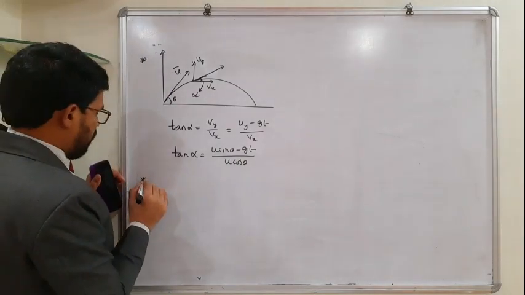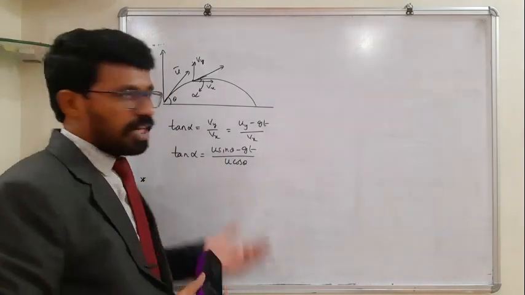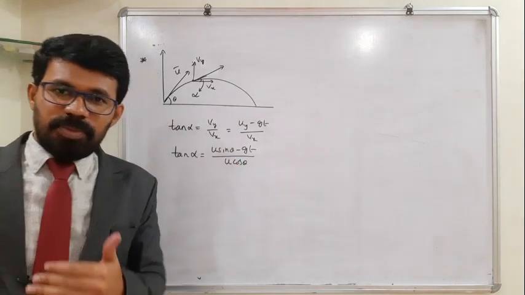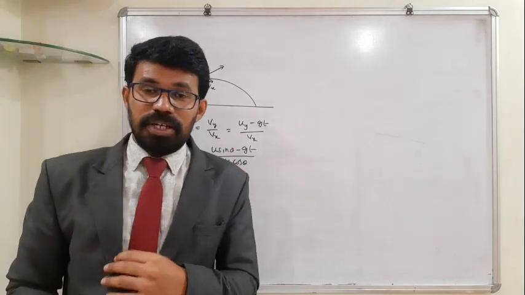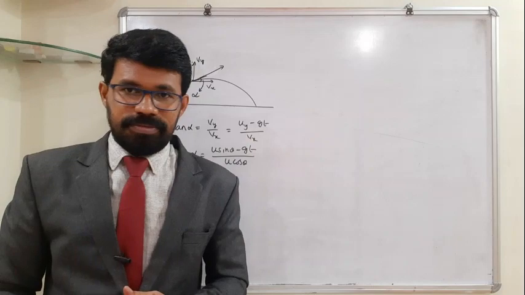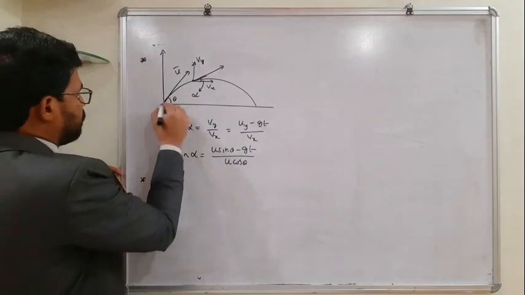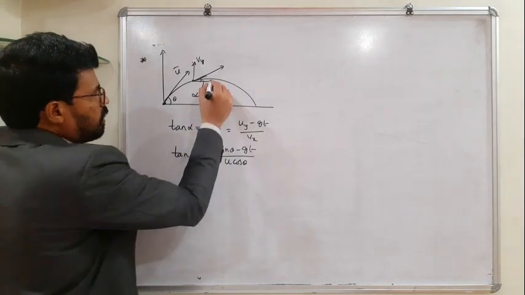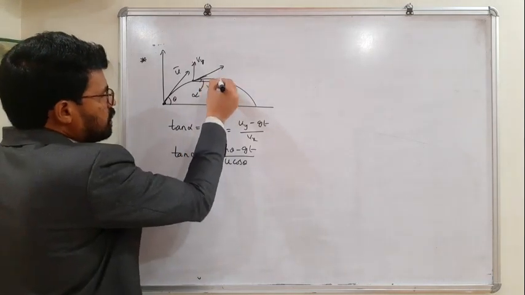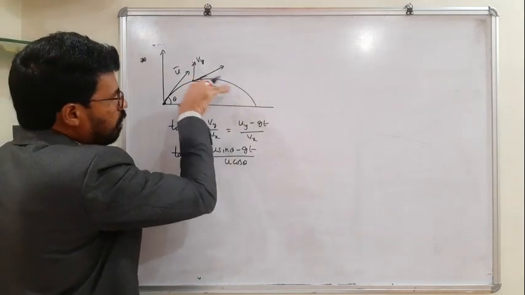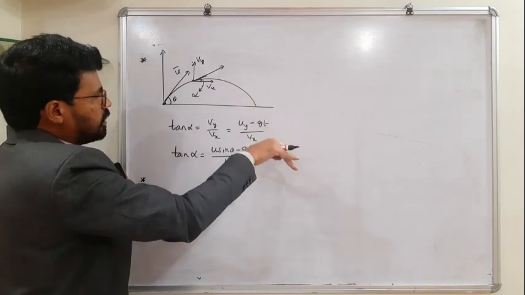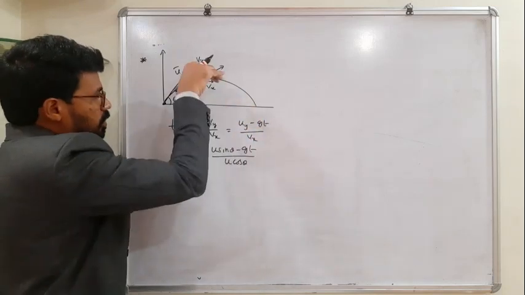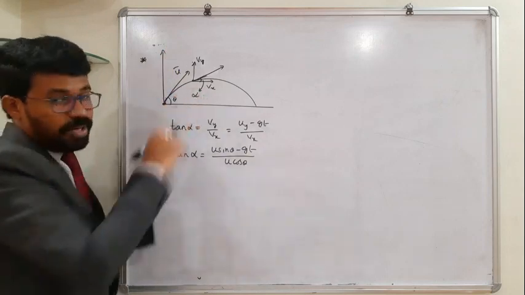Okay, let us try to find out after what time the direction of velocity of the body becomes perpendicular to the initial direction of projection. Initially it was projected here. This is the point of projection at an angle theta. Definitely, after crossing this peak, the highest position, somewhere here, the velocity will be in this direction, like this. So between this direction and this direction, you can have a 90-degree angle.